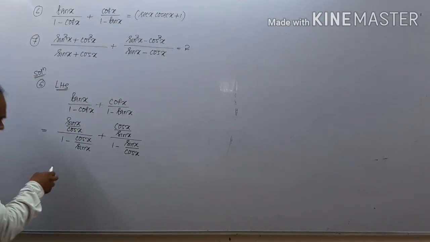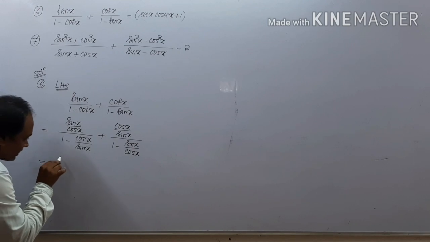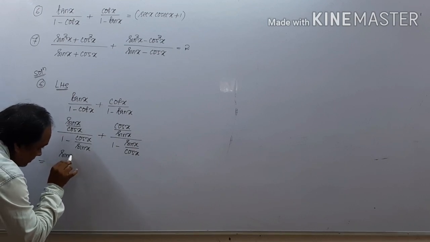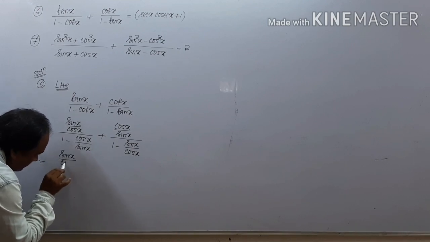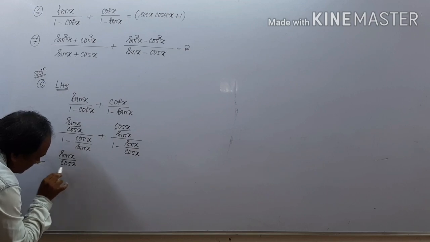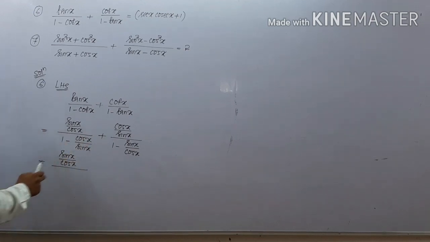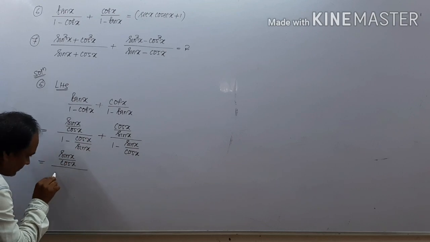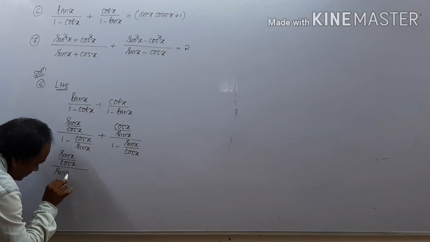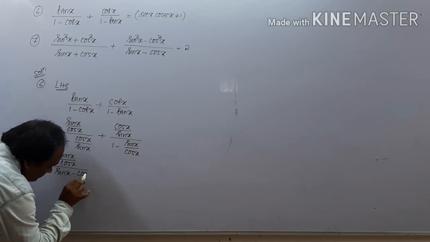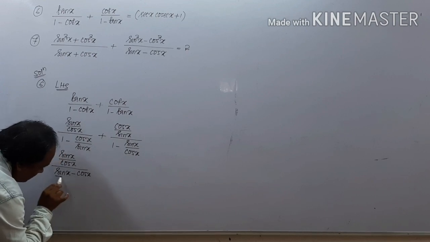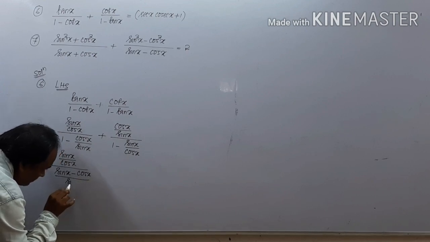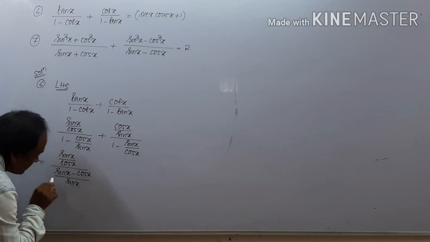So this can be written as, clearly this is sin x by cos x. In the denominator, what is the LCM? Sin x. So clearly this will be sin x minus cos x divided by sin x, right?